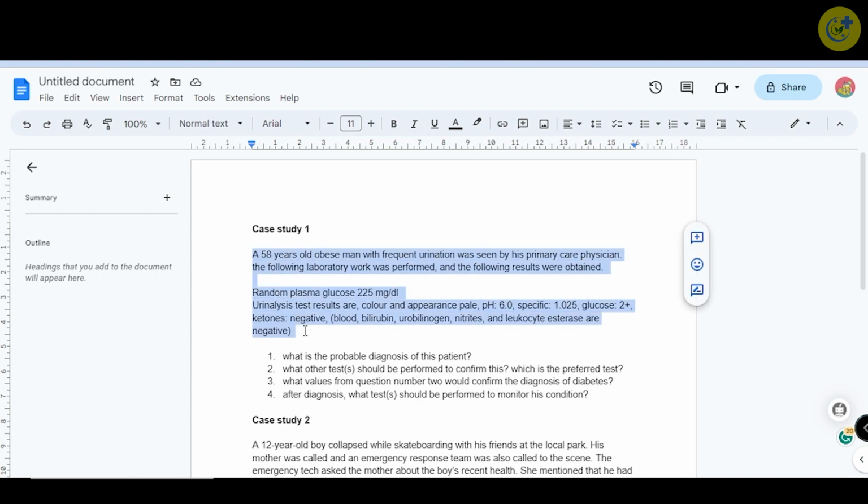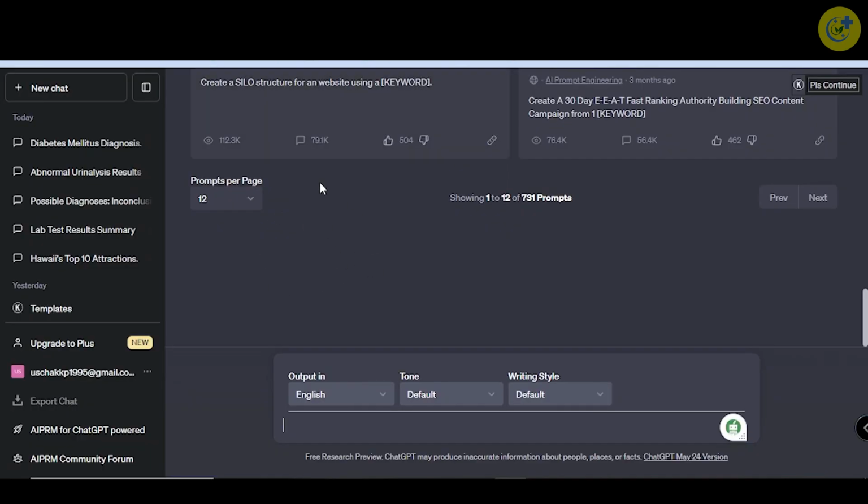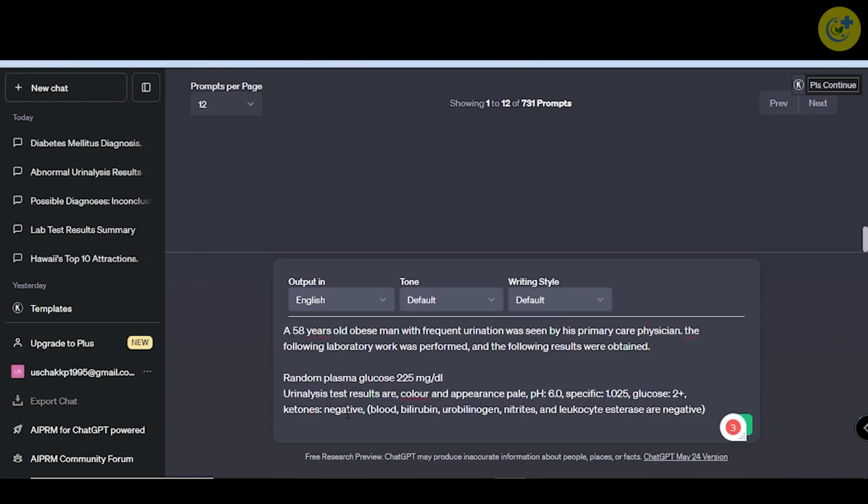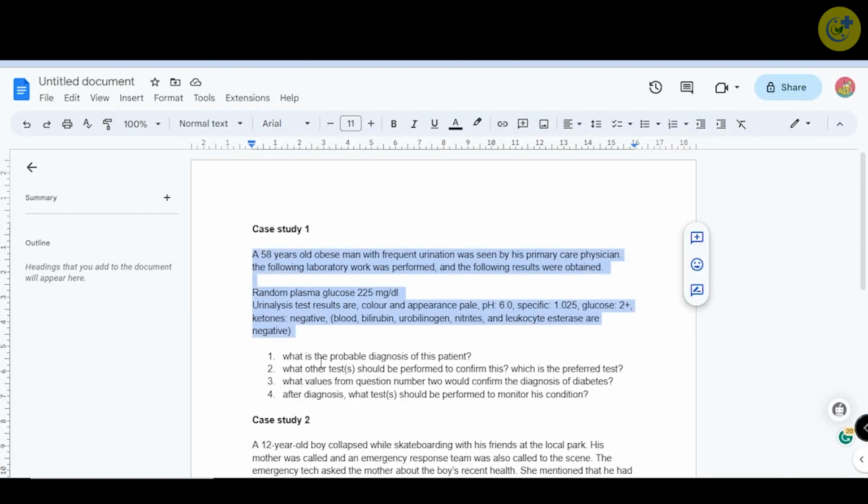So I copy the information, and next I go to ChatGPT, and this is the chat box. I copy and paste firstly the clinical history and how old the patient is, and the other laboratory test results, and next I enter my first question.